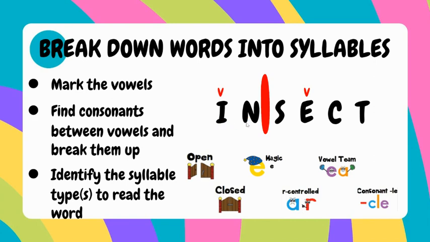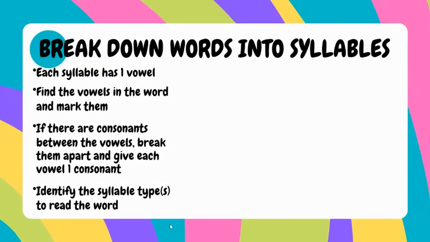So the IN is considered a closed syllable. But what about the SECT? Is that an open syllable or a closed syllable? It's considered a closed syllable. Wonderful and great job. Let's practice another word.